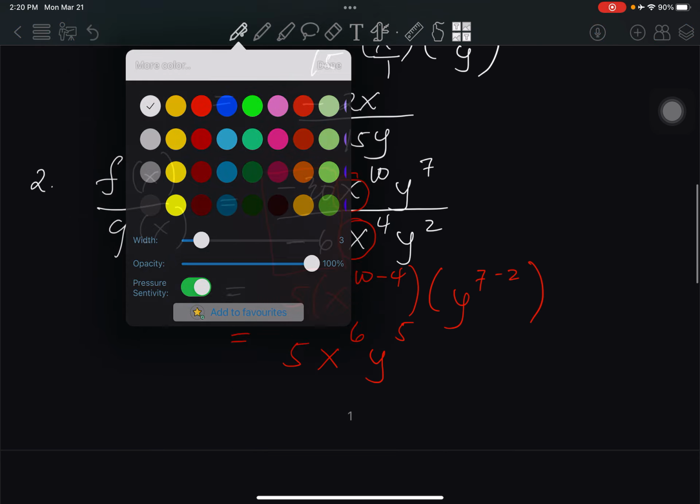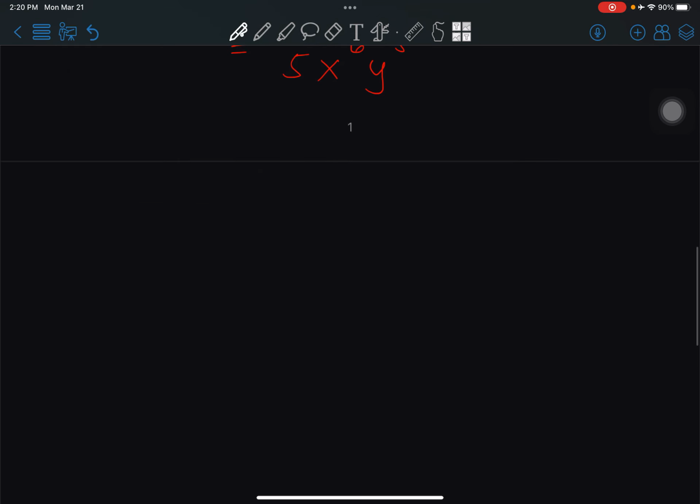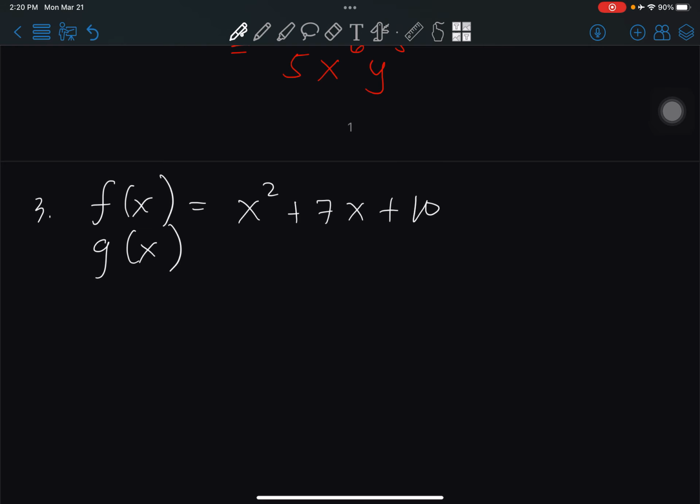Okay, let's have another example. Let's say we have f of x is equal to x squared plus 7x plus 10, and we have g of x is equal to, let's say, x plus 2, and h of x is equal to x plus 5.